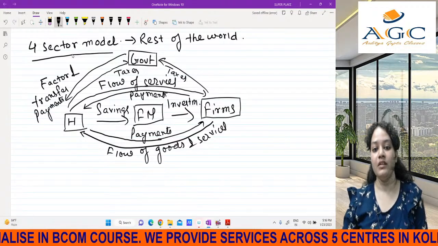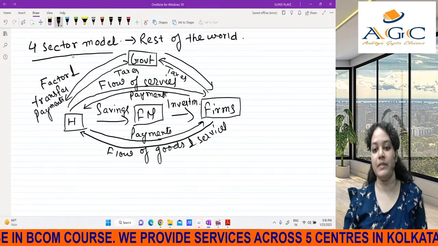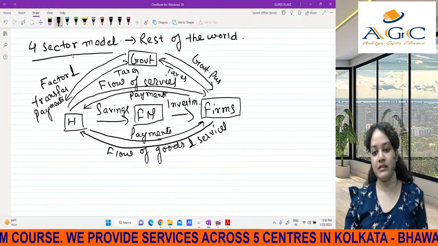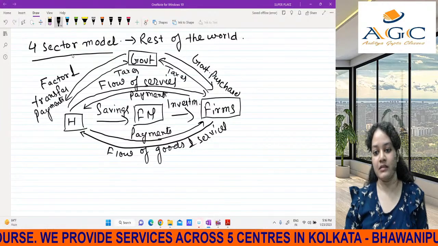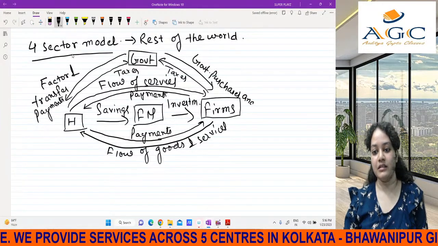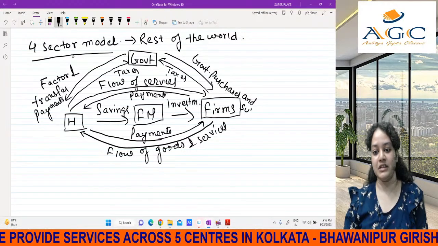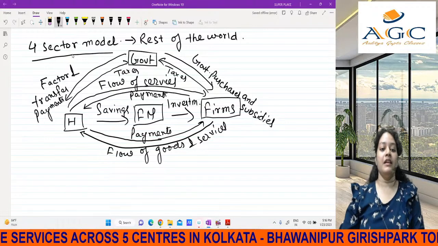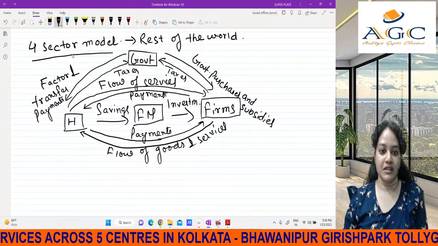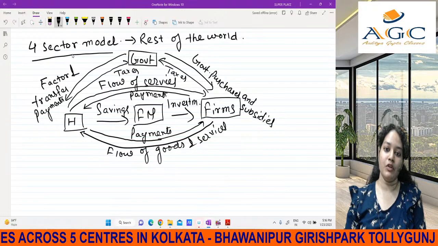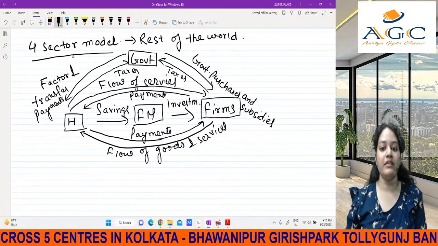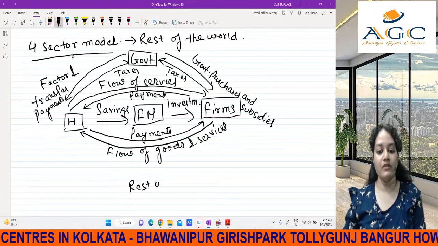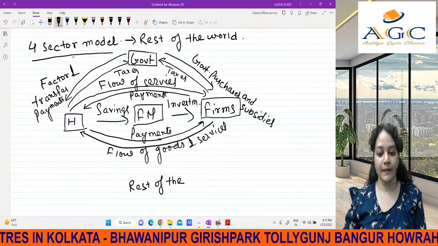Now, from the government to the firms, what are they paying? Government purchases and subsidies. This is our three sector model completed, but we are talking about the four sector model here. So what comes in the four sector model? Rest of the world. So we will be drawing our rest of the world downwards.